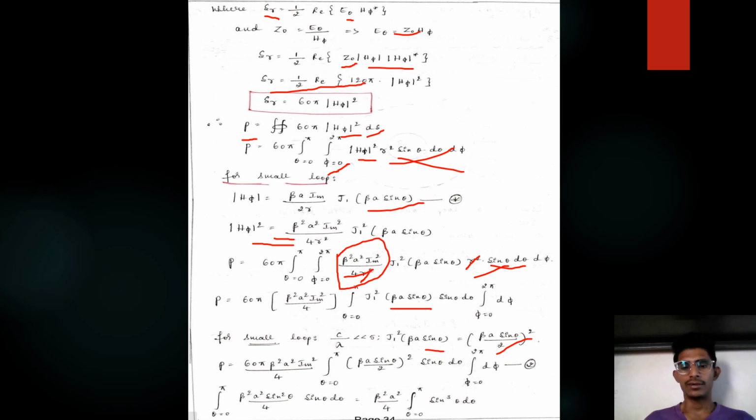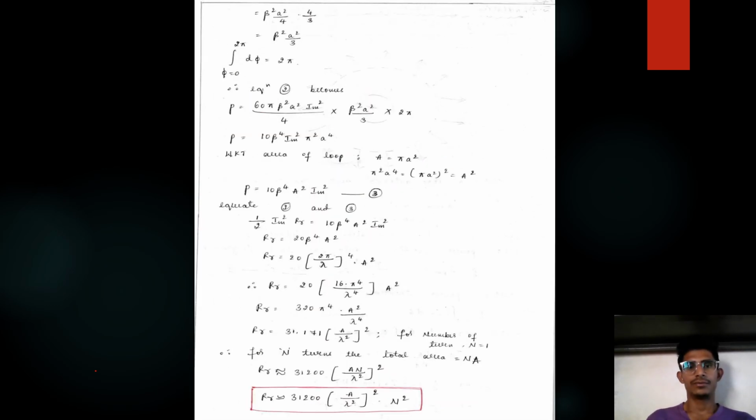Applying the integration and applying the limits for theta, we get the value 4 by 3. This is the value we get for applying the limit for theta.